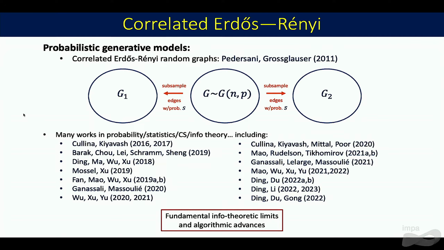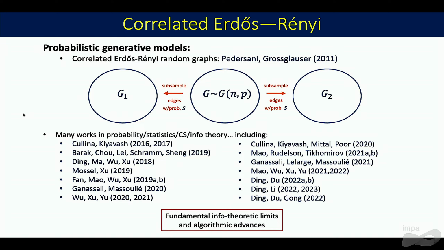A natural model as a starting point is the so-called correlated Erdős–Rényi model. It's very simple. It was introduced by Pedarsani and Grossglauser in 2011. Start with an Erdős–Rényi graph G(n,p), the parent graph, and then subsample the edges with some probability s to get a graph G1. Every edge that is there, you keep with probability s independently, and non-edges remain non-edges.